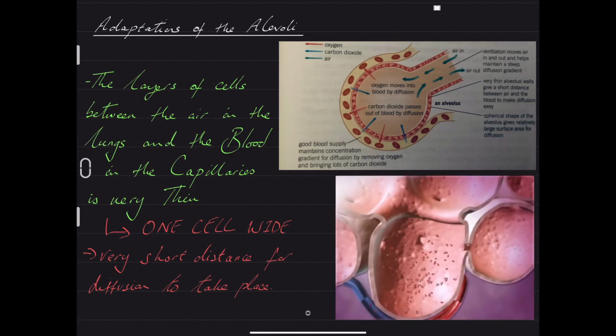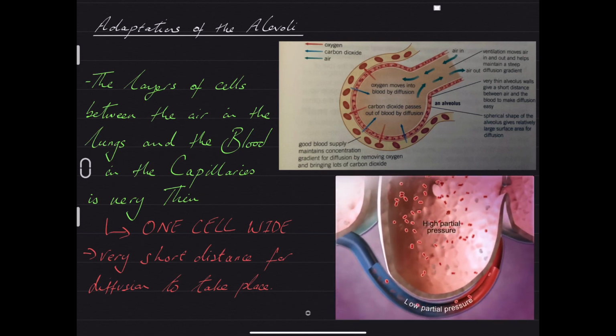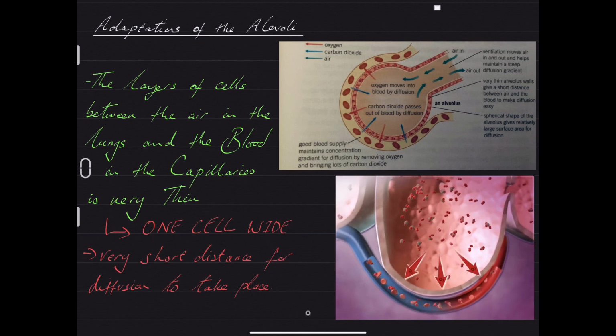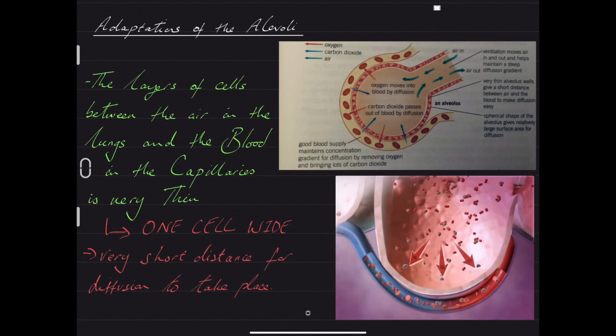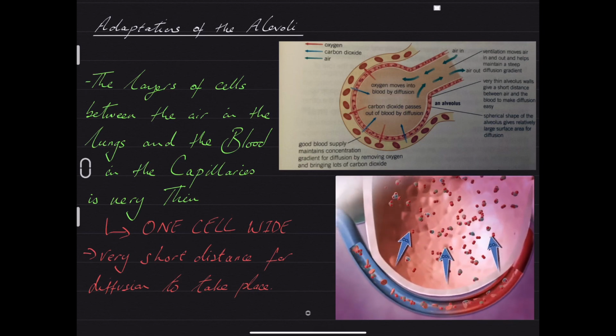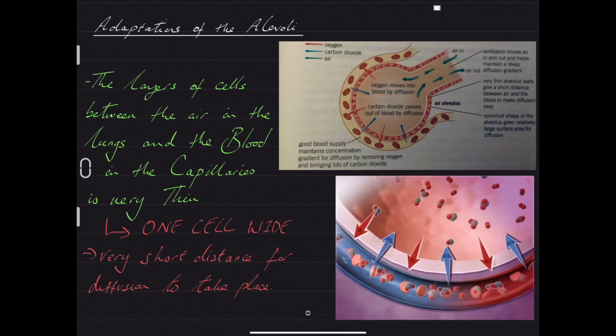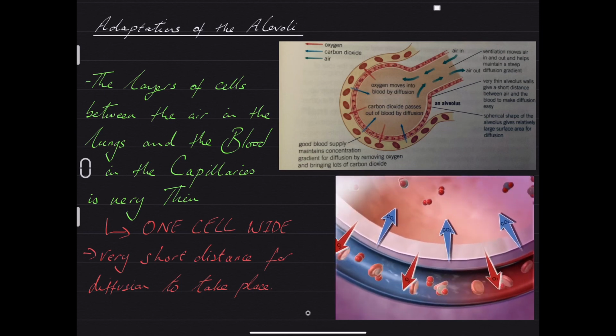So the layers of cell between the air in the lungs and the blood in the capillaries, which is flowing around the alveolus here, is only 1 cell wide or 1 cell thick. This allows diffusion to occur rapidly and more efficiently.